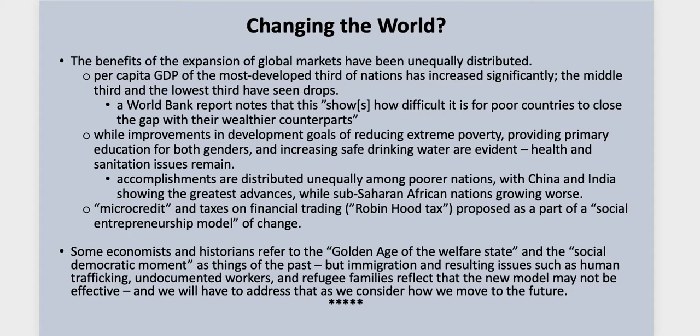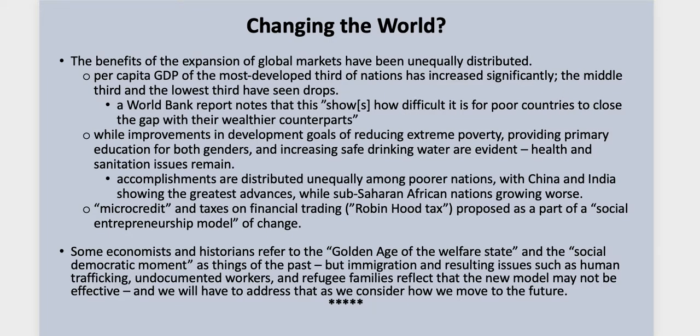and developing human capital. Issues like immigration, for instance, and all the problems developing from that, with human trafficking, undocumented workers, refugees, not only across our southern border, but all over Europe and other parts of the world because of the carnage that's going on in the Middle East right now.